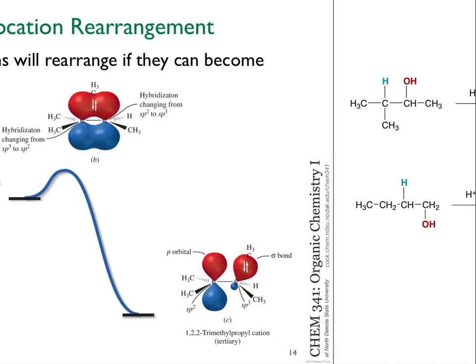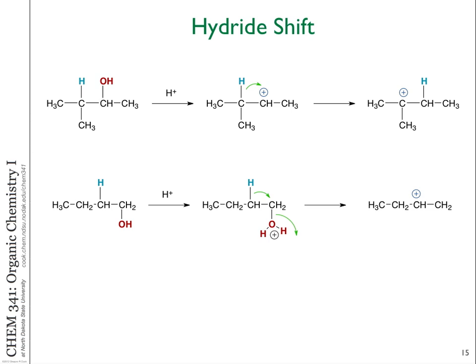Okay, here's an example of a hydride shift. So notice this substrate that I'm showing, this particular alcohol, is exactly the same, except instead of a CH3, we have a hydrogen there. Hydrogens are a little bit easier to shift than CH3, so if it's available, the hydrogen can also undergo a shift, which we refer to as a hydride shift.